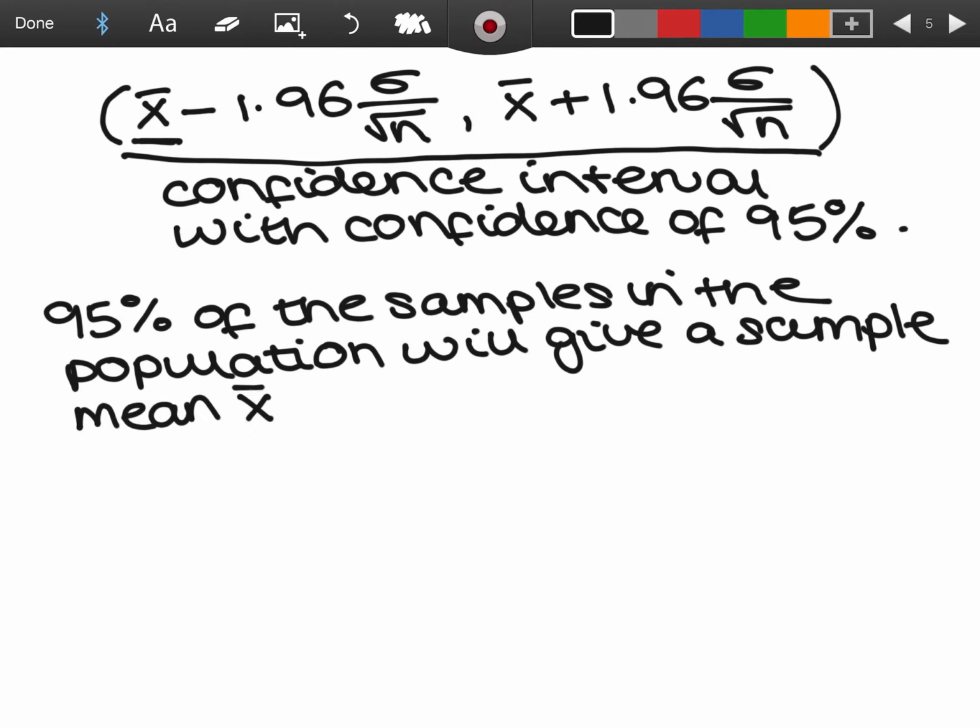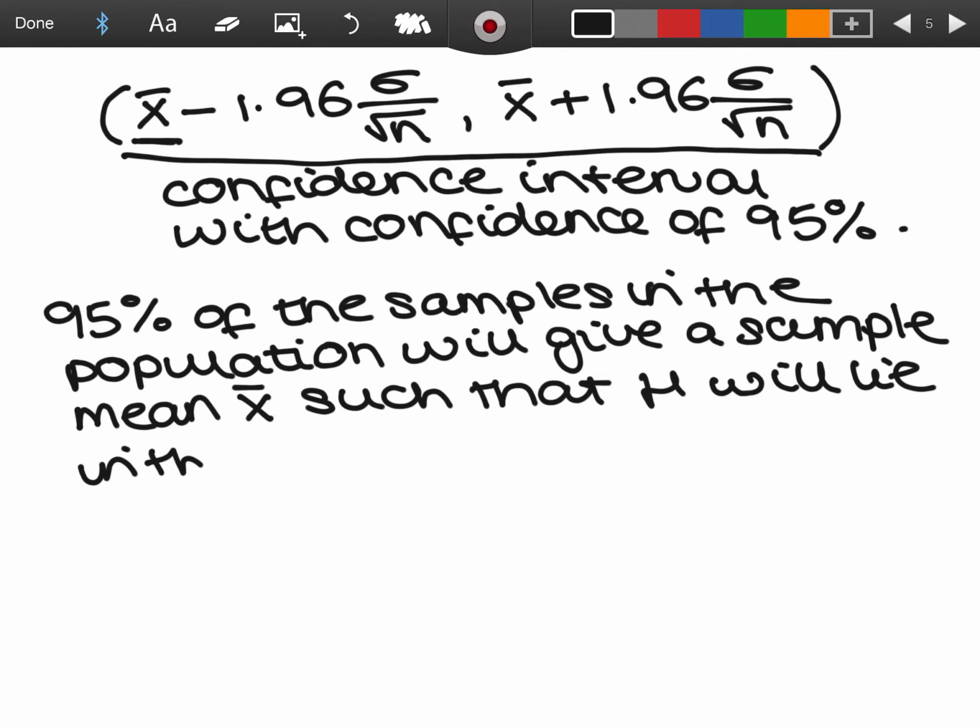You'll get multiple x bars depending on what sample you pick. Each one will have its own sample mean, but 95% of them will give you a value for x bar such that the population mean will lie in the above interval.